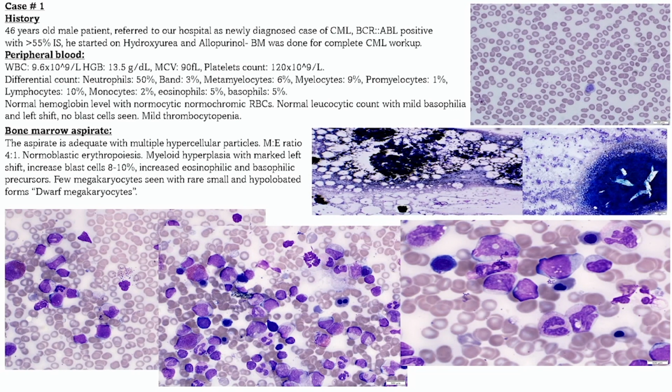But on checking the aspirate, we can see almost 8 to 10% blast cells with eosinophilia, basophilia, and the characteristic dwarfing. Kindly note that cases of MPN-HU1 have a specific megakaryocytic picture or morphology. For CML, the cells are always smaller in size than normal, and they have a hypolobated nucleus, so we call it a dwarf megakaryocyte.